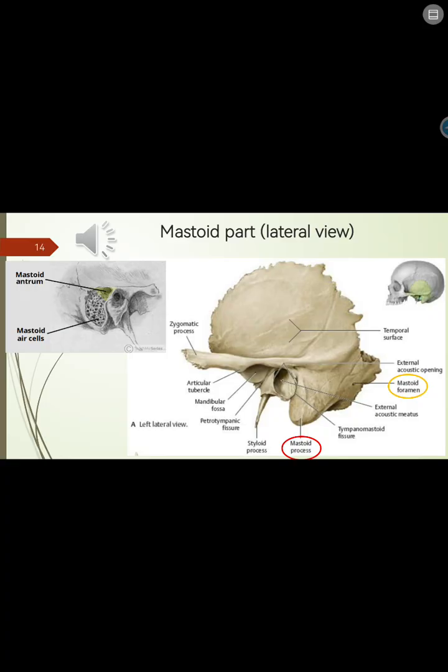On the medial side of mastoid process, we have a notch and groove that I speak about in the next slides. In the left picture, we sectioned the mastoid part, and we can see mastoid air cells.